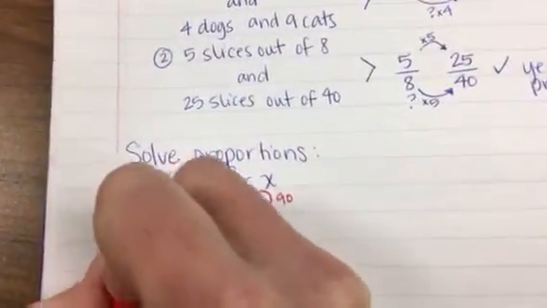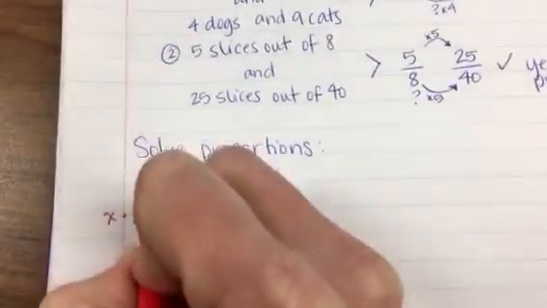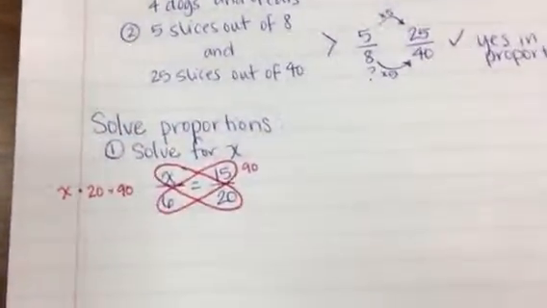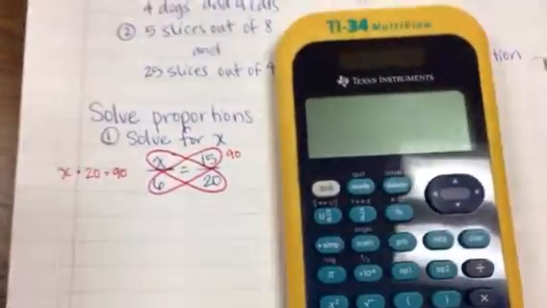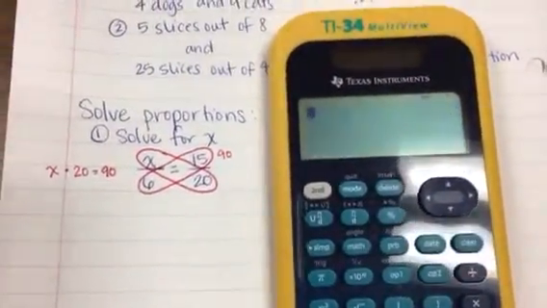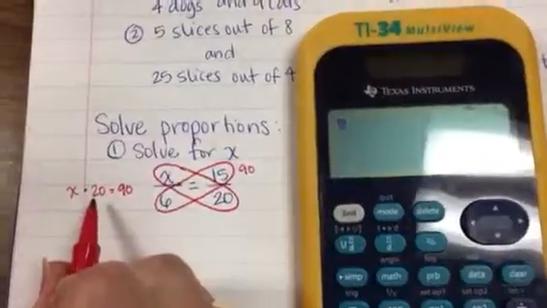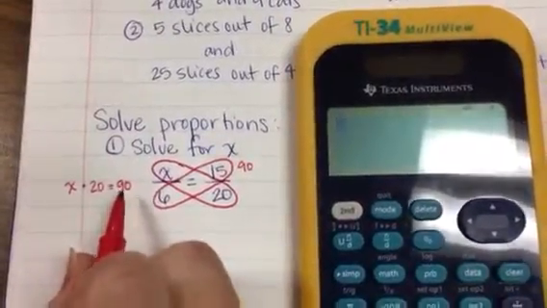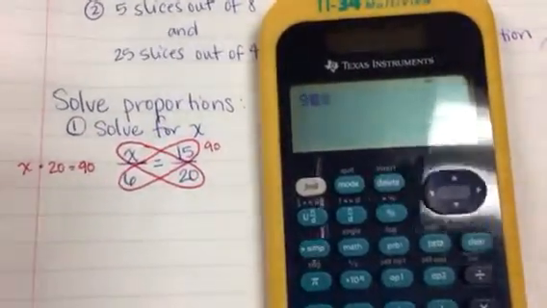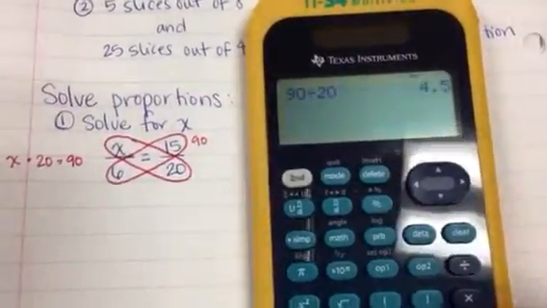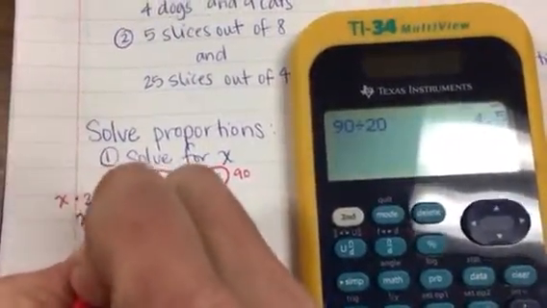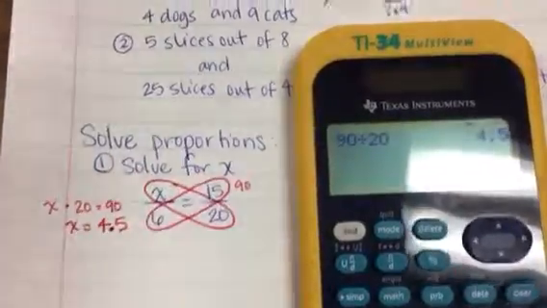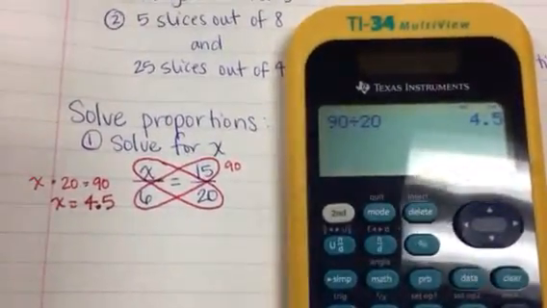So x times 20 gives me 90. Well, if you don't know what that is, then lucky for you, you have the opportunity to use your calculator. If we want to know what times 20 gives me 90, we just work backwards. So we say 90 divided by 20, and you see we get an answer of x has to be equal to 4 5/10, or 4 1/2.